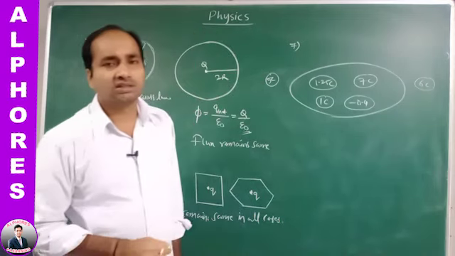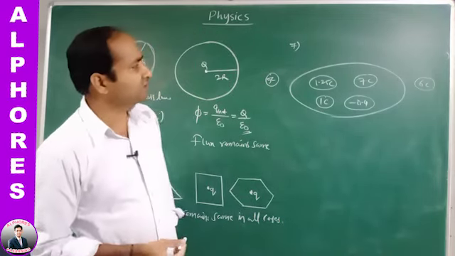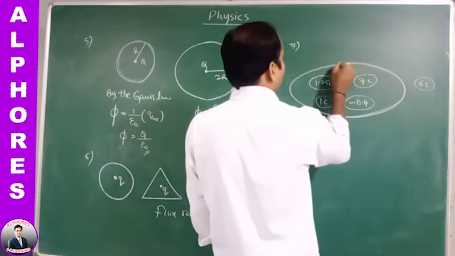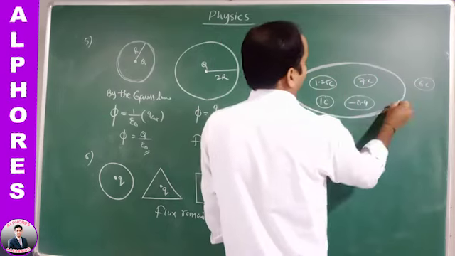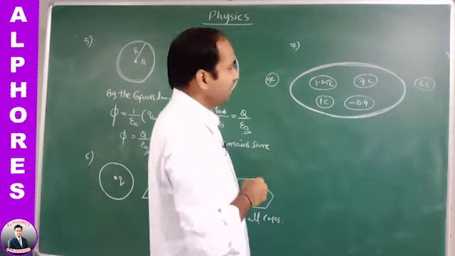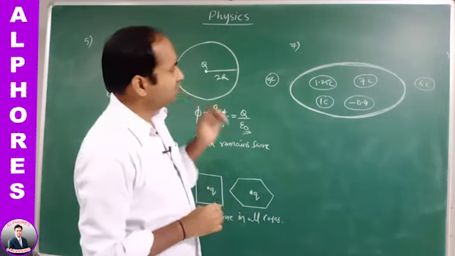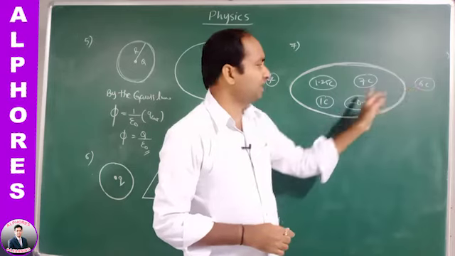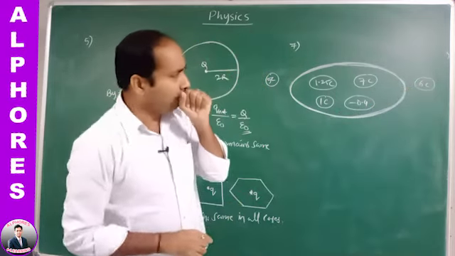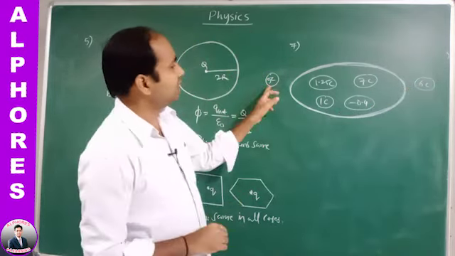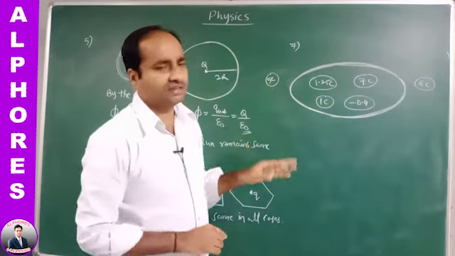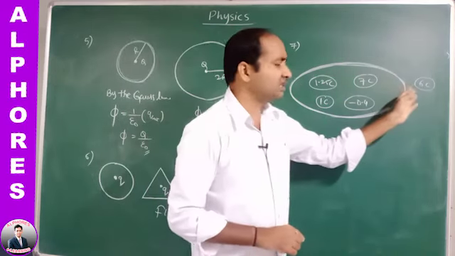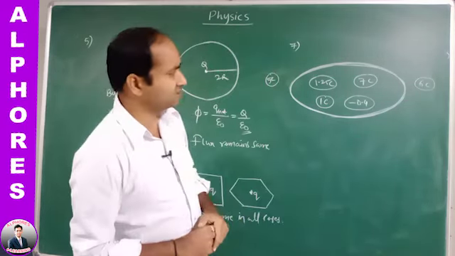The question is, what is the electric flux linked with the closed surface? Here actually 6 charges are there: 1.25, 7, 1, minus 0.4, 6 and 5. But 5 and 6 are outside the surface. Here 5 coulombs is not enclosed by the surface, and 6 coulombs is also not enclosed.